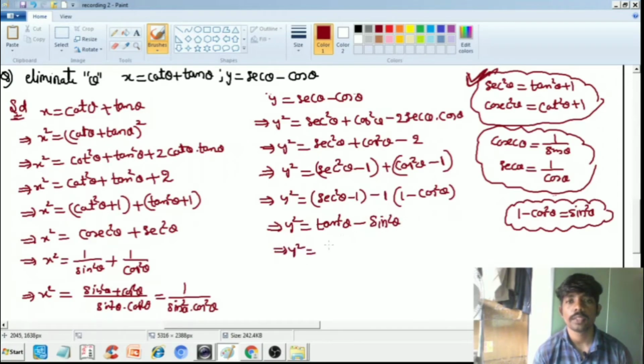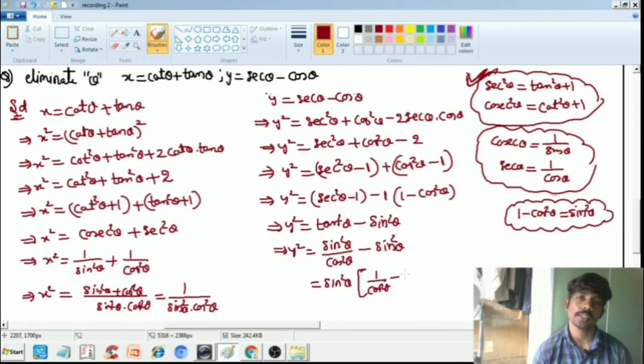Y square is equal to tan square, which can be written as sin square by cos square, minus sin square theta. Sin square theta is common, so you can take sin square theta common, then the remaining is 1 by cos square theta minus 1. From here 1 by cos can be written as secant, so sin square theta into secant square theta minus 1.